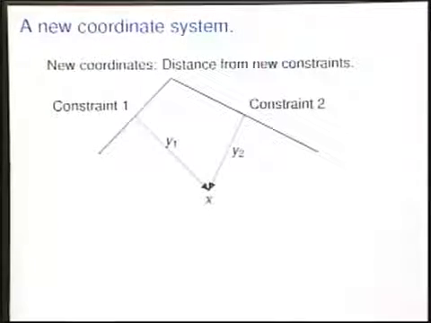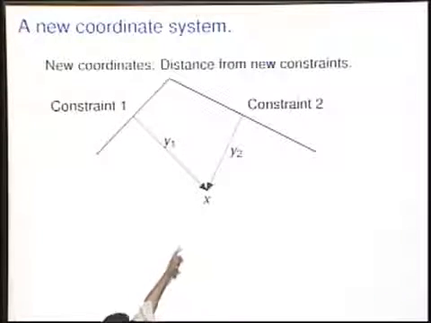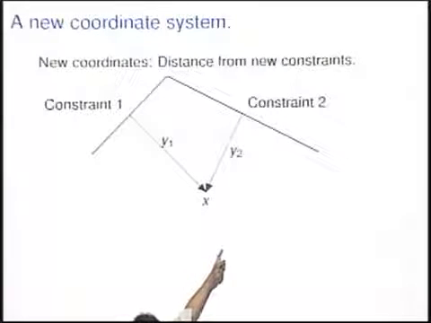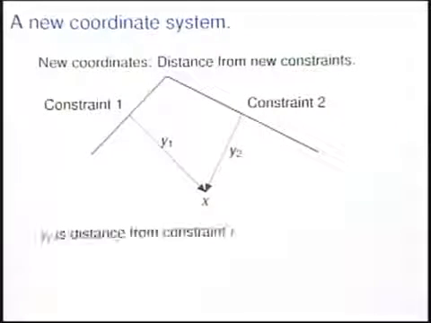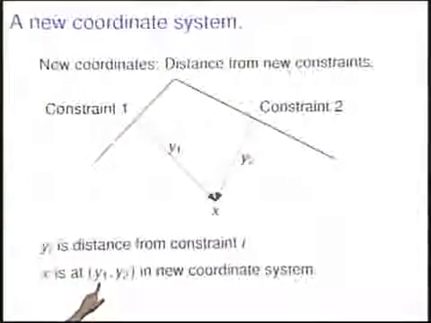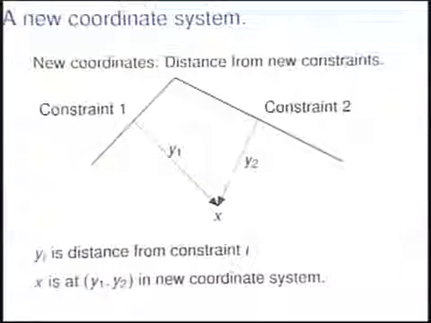So in this new coordinate system where you define a point, the coordinate of this point x is the distance from constraint 1, comma, the distance from constraint 2. Okay, this is a new coordinate system. You can now define any point in your space as the distances from these two constraints, and that will give you a coordinate, a way to represent that point. Okay, so yi is the distance from constraint i. So this point x in this new coordinate system is the point y1, y2.